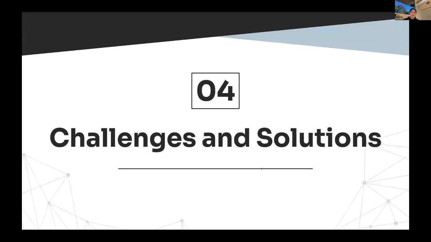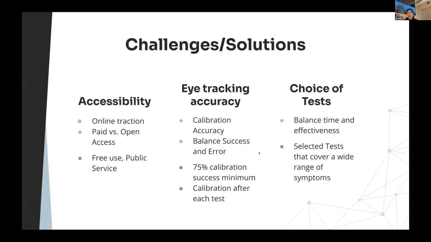Okay. Yeah, so now we're going to move on to some challenges and how we faced those challenges while we were designing and conducting our research. So with challenges, we bullet pointed these in red on this slide.